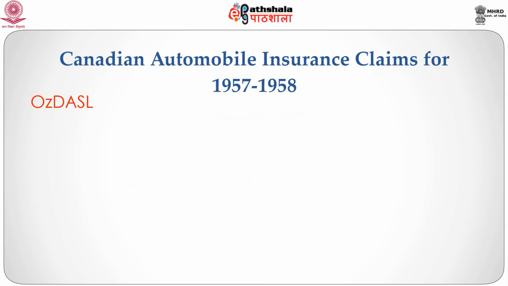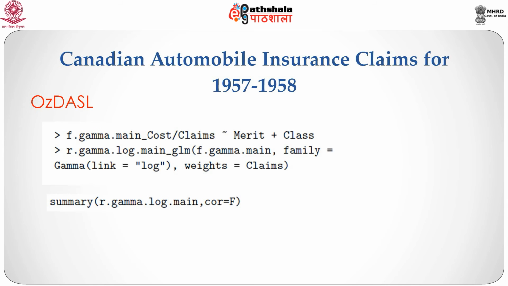The Canadian automobile insurance claims data for 1957 to 58 can be downloaded from the OzDASL library. It has been studied by Bailey and Simon and Leroy. The data gives the Canadian automobile insurance experience and includes all insurance companies operating in Canada.